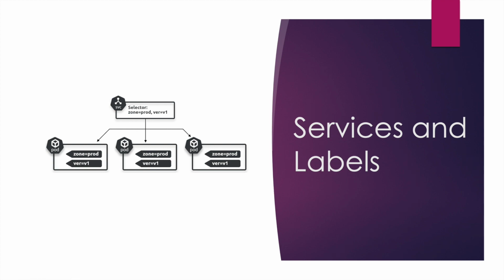Here's the selector part of the configuration. How does a service know which pods to load balance? It depends on the labels. So these 3 pods have got the labels zone and version, and they will be matched, and this service will pick these pods to send requests to.